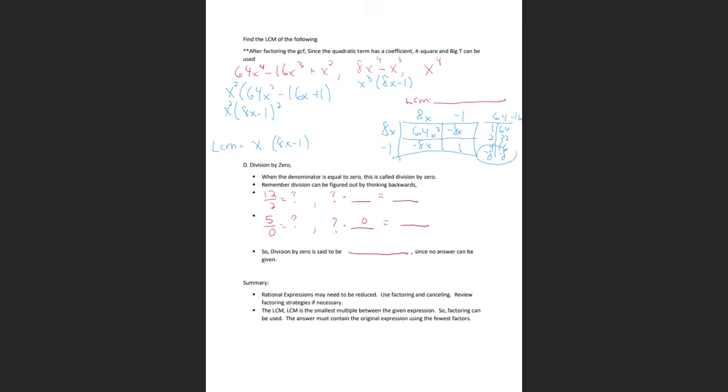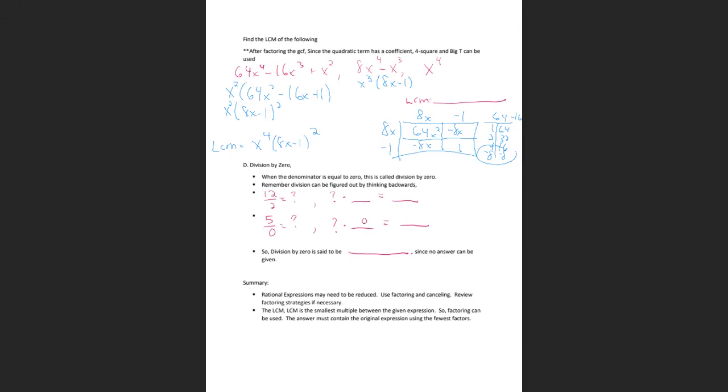Now, the most x's I see is I actually need 4 x's, so I need at least 4 x's there. 8x minus 1, this has 2, so I need at least 2 to make that. So x to the 4 times 8x minus 1 squared would be my LCM. Now, again, you could just write the original one down, and notice that the x to the third and x to the fourth, I would still need 4 x's altogether to make that last one. So what you're trying to do is see this in the fewest factors possible, and that would be it.